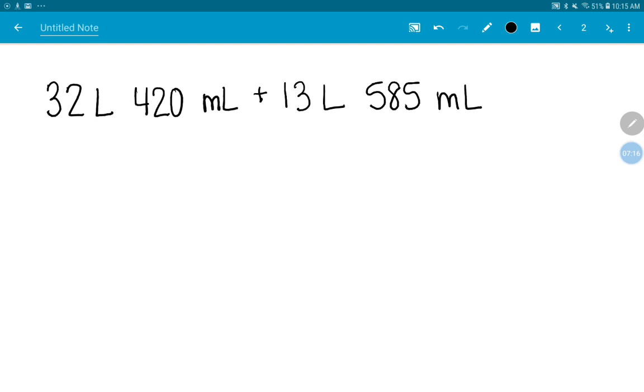I want you to solve on your work mat as I'm coming around and looking at your work. Remember we said how many milliliters does it take to equal 1 liter? How many? 1,000.